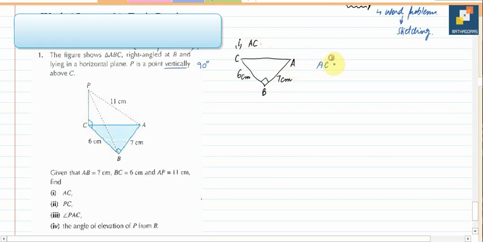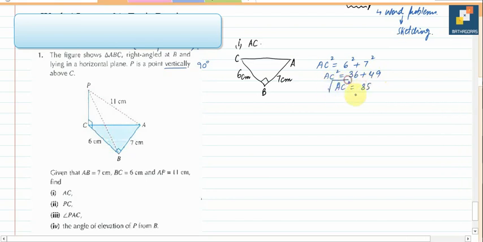So AC square is equal to 6 square plus 7 square. If you solve it, AC square is equal to 36 plus 49, right? 36 plus 49, it's 85. So AC square is equal to 85.